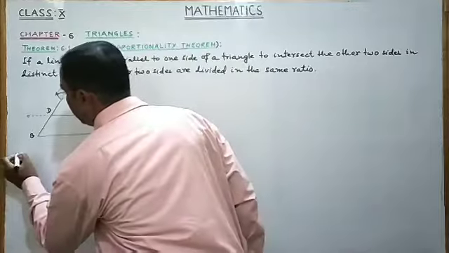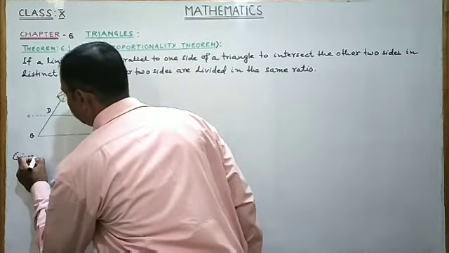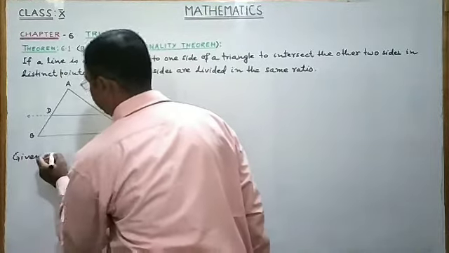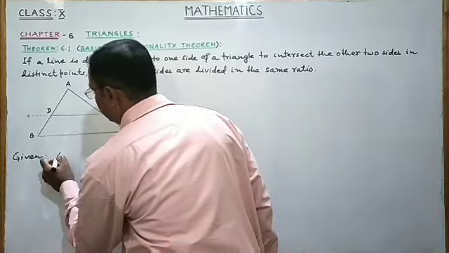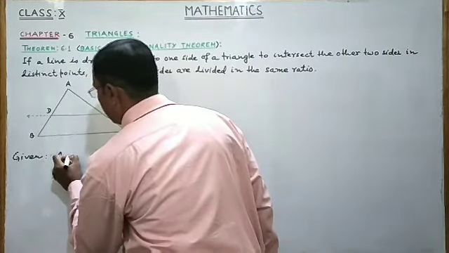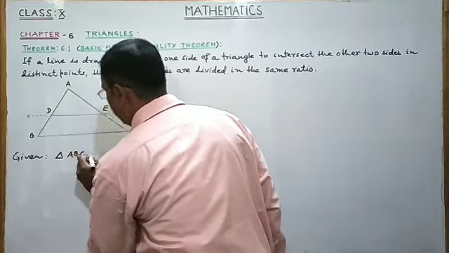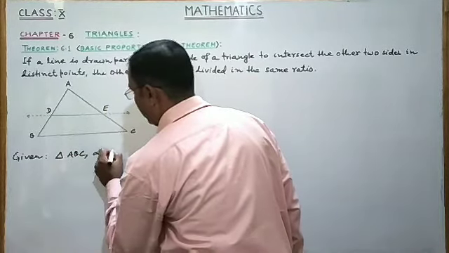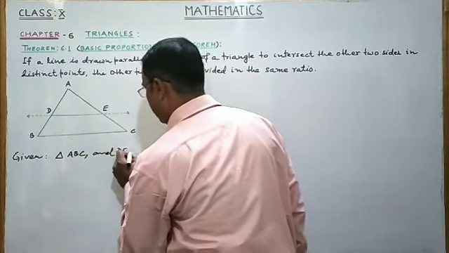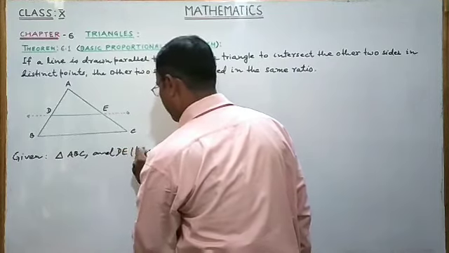So, given information: triangle ABC and DE is parallel to BC.